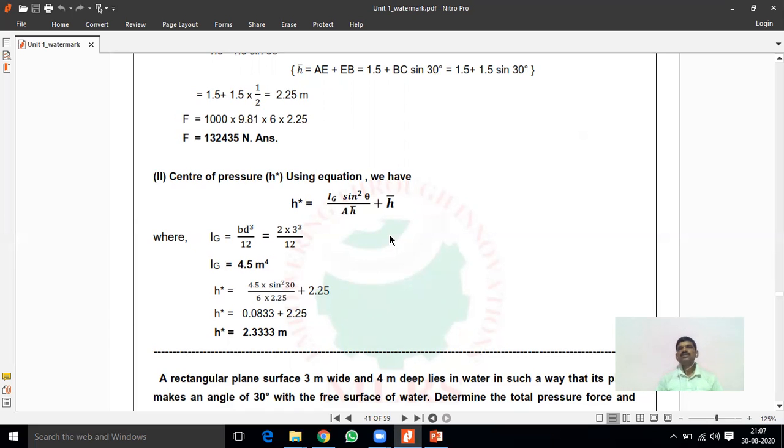This type of problem is practically used in design of pipes, design of ships, design of boats, or any type of submerged elements design. Okay, in a practical approach.